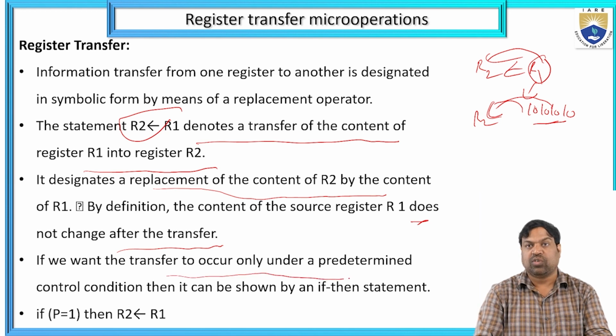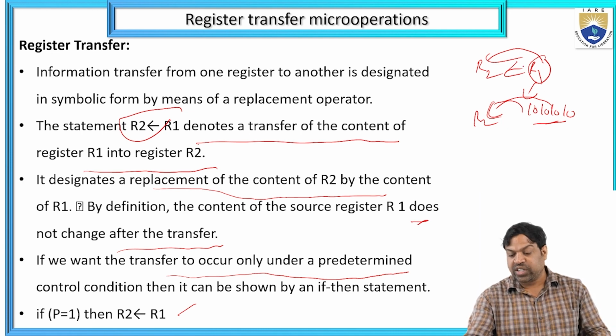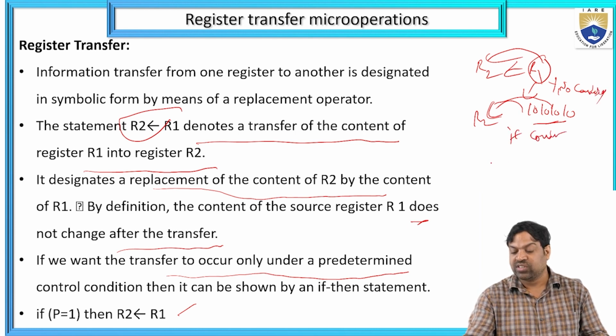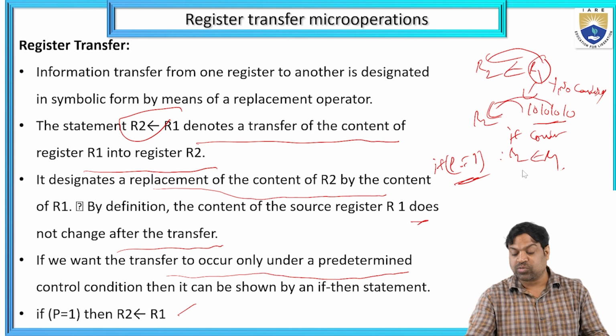If you want the transfer to occur only under a predetermined control condition, it can be shown by an if-then statement: if P equal to 1, then only. Suppose R1 to R2. Is there any condition? No, there is no condition. If I want to apply a condition, I use an if statement. When P equal to 1, then only R1 data will be transferred to R2.